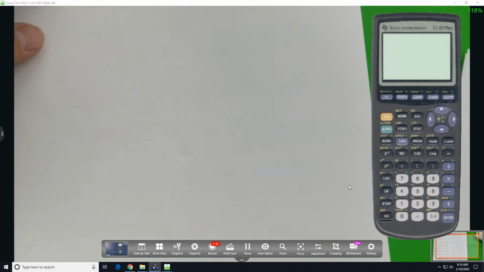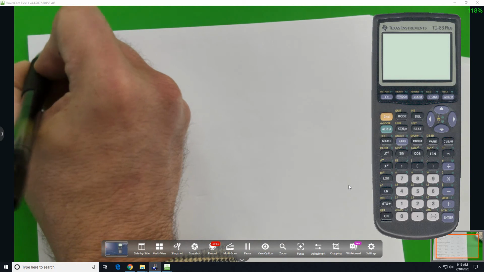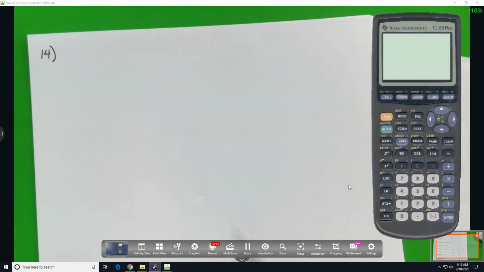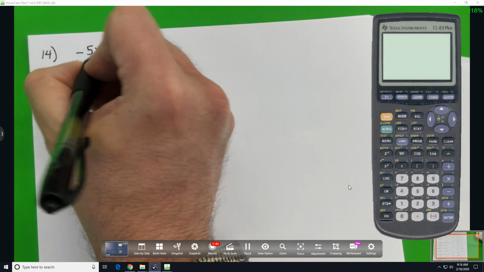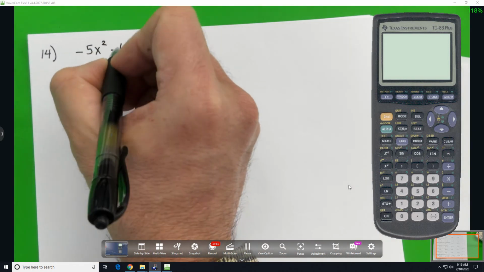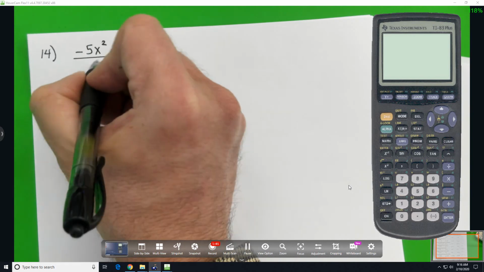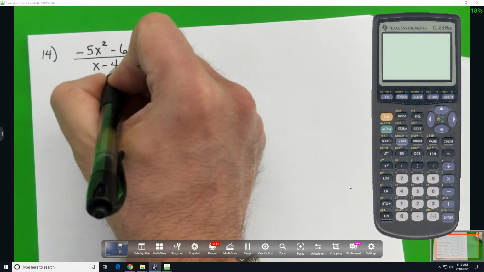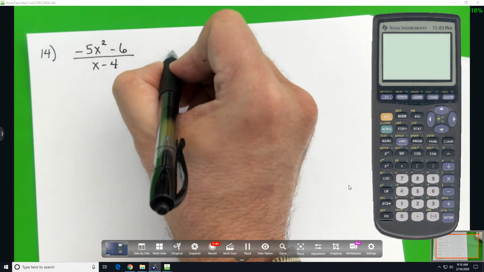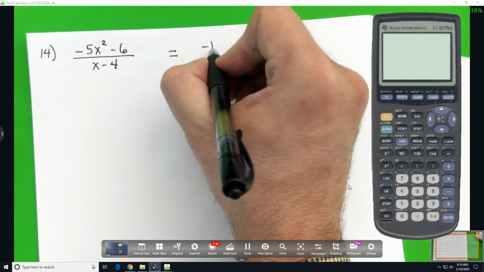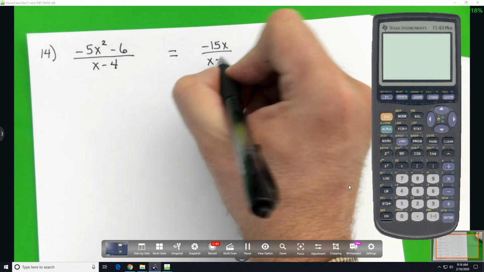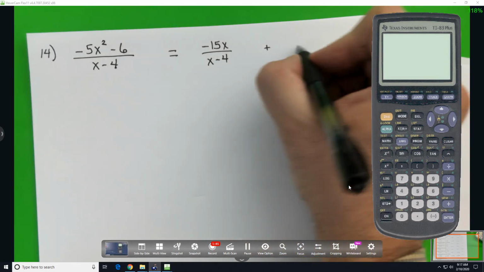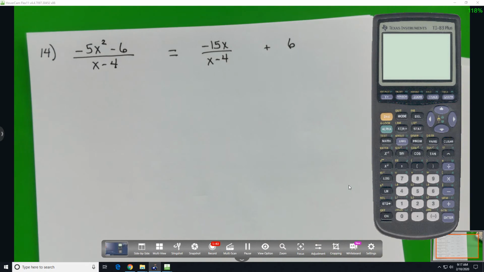Let's do number 14. Negative 5x squared minus 6 over x minus 4 equals negative 15x over x minus 4 plus 6.